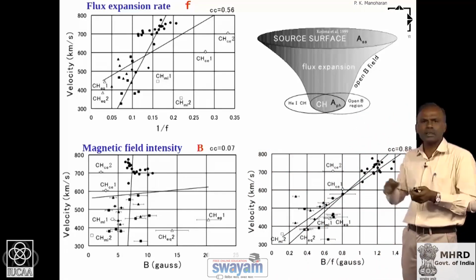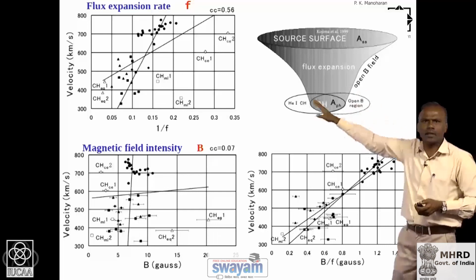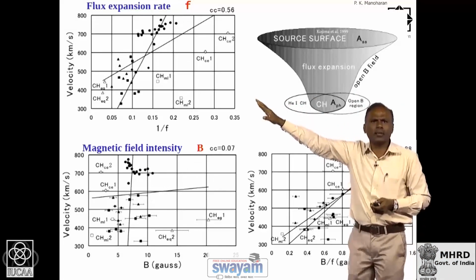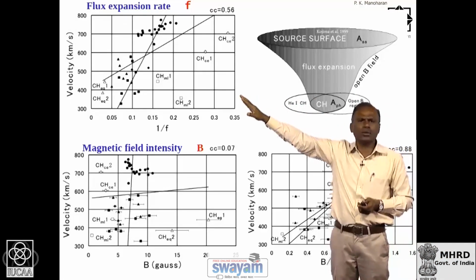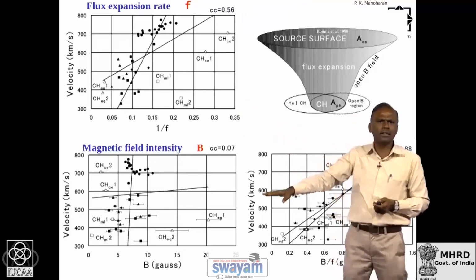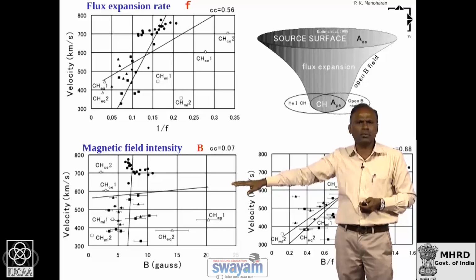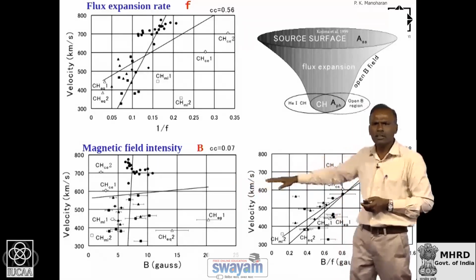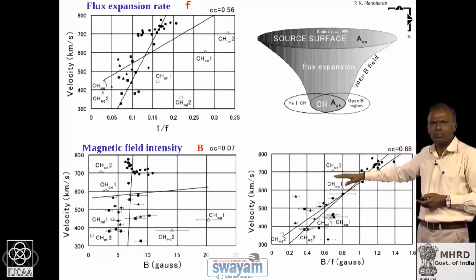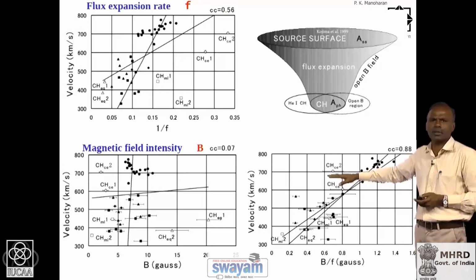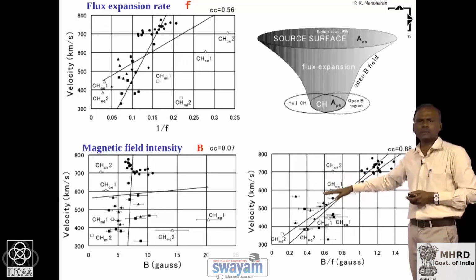So, I will show another example. This curve shows the velocity as a function of 1 over expansion factor, and this shows the velocity as a function of magnetic field intensity. This one shows the velocity as a function of magnetic field and expansion factor.